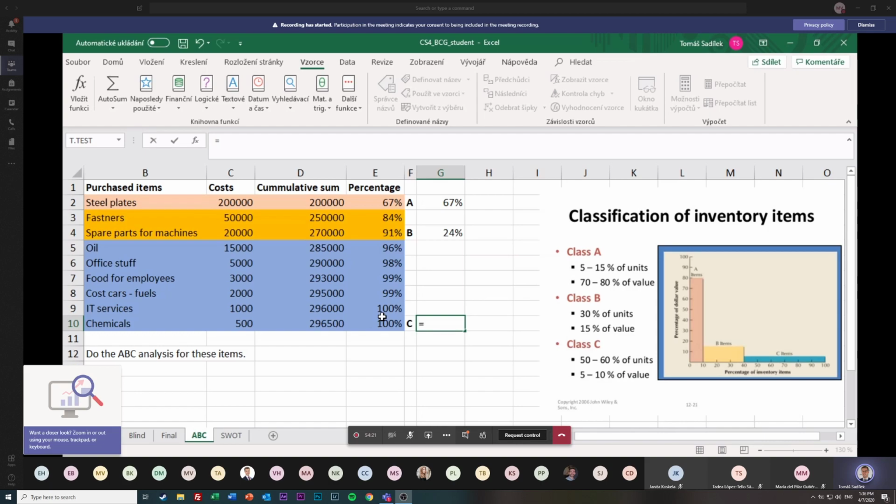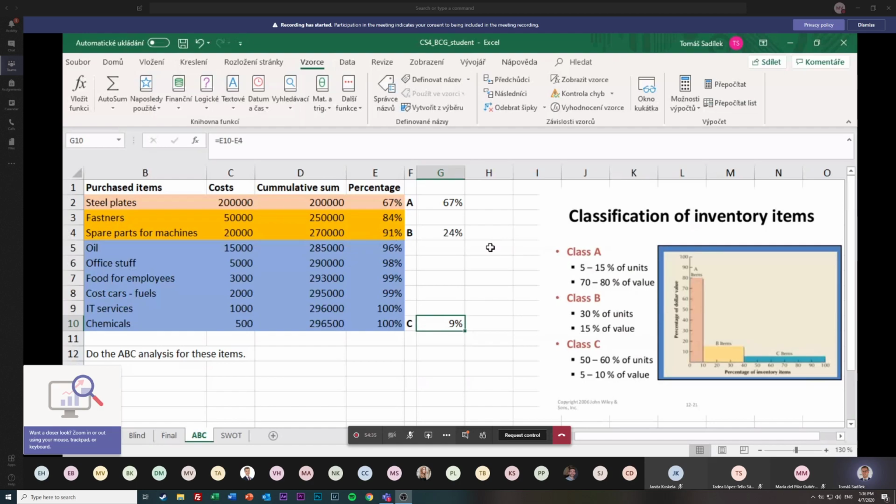So it takes together still 100%. And how to do the chart? Yeah, so the A part takes 67%, B part 24%, and C takes 9%. Then we can just mark them and insert a chart.